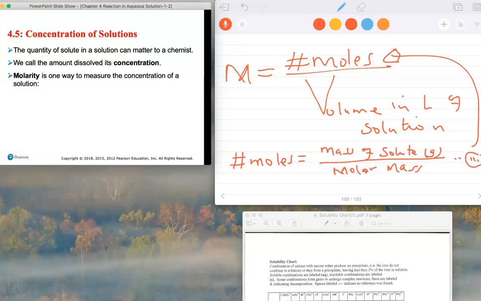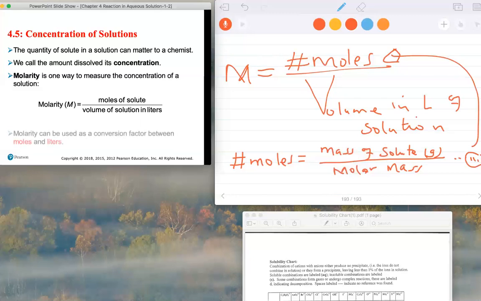What's the concentration of this solution, or what is the molarity? It's the same thing. It's a measure of the number of moles of solute, what is being dissolved, and the volume of solution in liters, not volume of solvent in liters. Remember how we define solution. A solute is present in less amount.